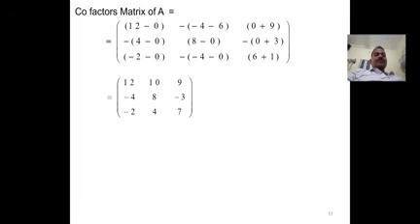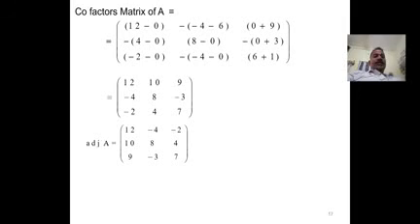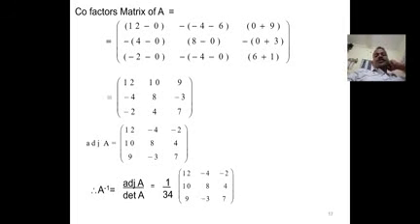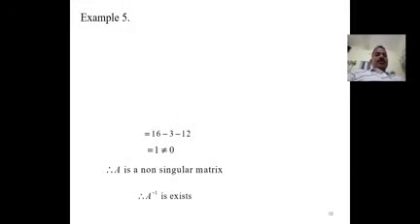This is the cofactor matrix. We can say the adjoint of A is its transpose, that is 12 minus 4 minus 2, 10 8 4, 9 minus 3 7. Therefore A inverse equals adjoint A by det A, that is 1 by 34 into 12 minus 4 minus 2, 10 8 4, 9 minus 3 7. This is the inverse of the given matrix.